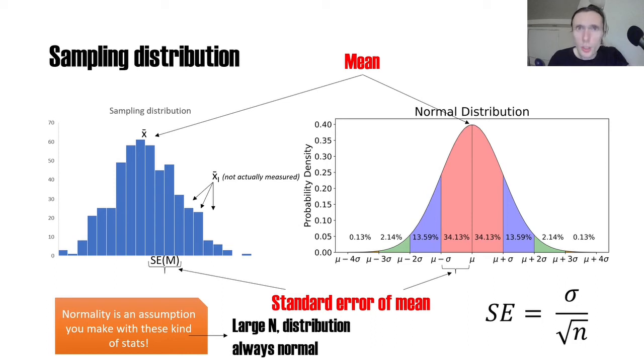Now this is a little bit hard to explain why this is the case, but it's the so-called central limit theorem, which states that the larger amount of observations you have in a single sample, the more normally distributed your sampling distribution is. It's a little bit complex, and for anybody who wants to learn more about this, you should definitely look it up. But for now, just trust me that this is the case.